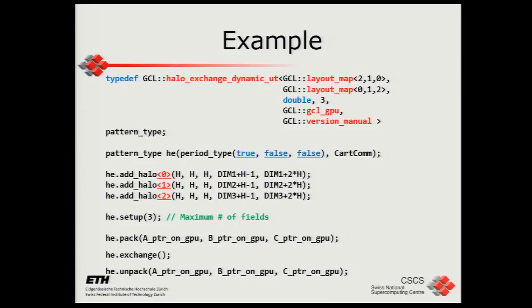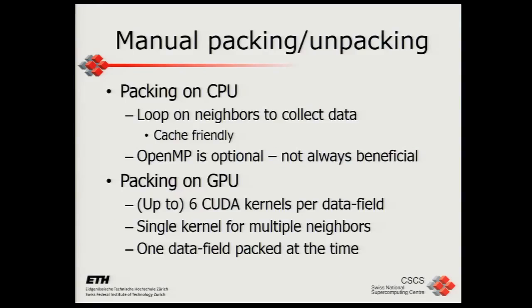This exchange call can be split into start exchange and wait, to be able to implement also split-phase communication and latency hiding tricks. So this is how the code looks.